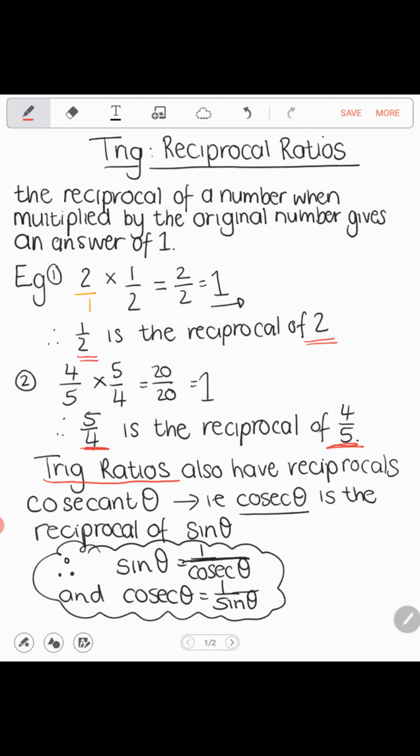And the names of the reciprocals are cosecant theta. We don't call it cosecant theta, we call it cosec theta. That's its abbreviation. And that is a reciprocal of sine, which means that sine theta would be 1 over cosec theta, and cosec theta then would be the reciprocal, 1 over sine theta.